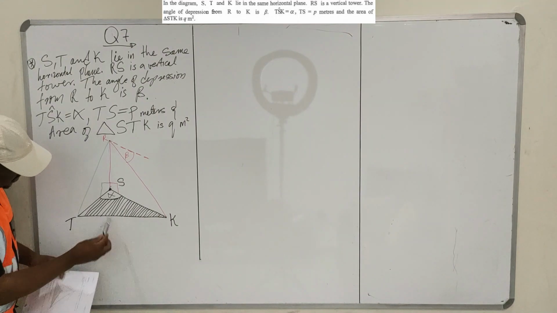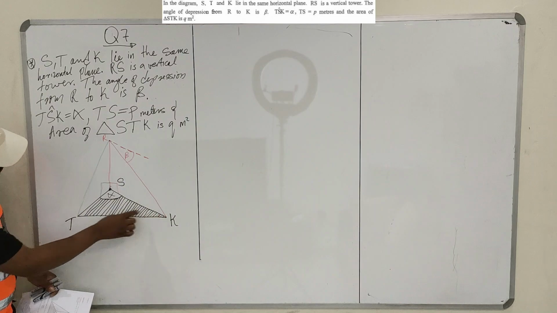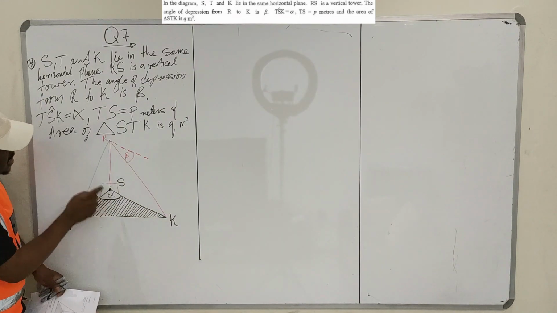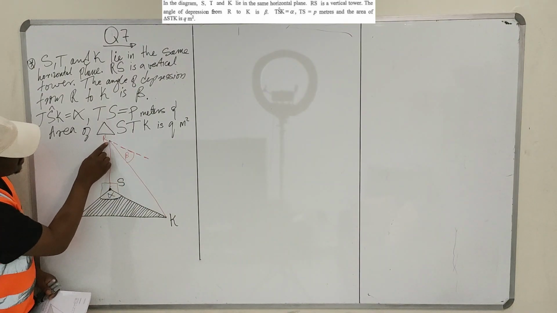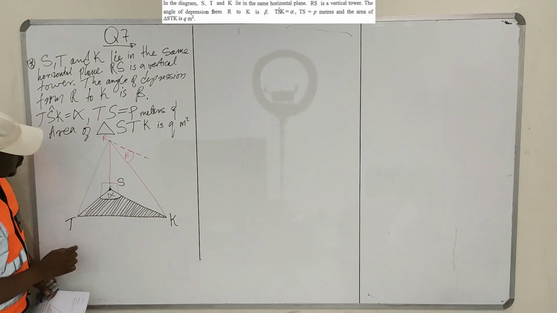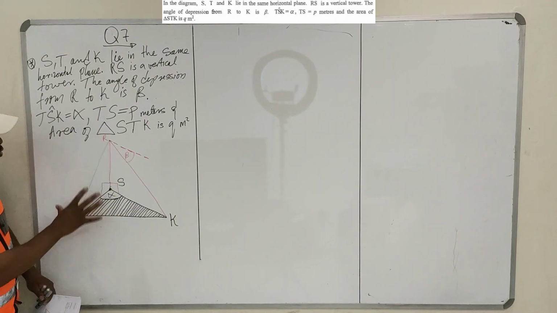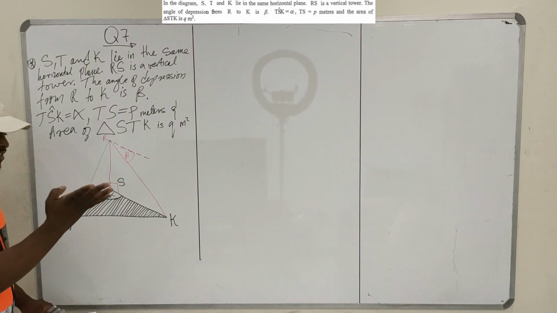You have the base, which is the one that it is sitting on. You have this front side, this triangle here, which is the second side. The third side is the one on the other side that you see from this side, which is this one here. And the fourth one is this one over here. So you have a triangular pyramid here with 4 sides.